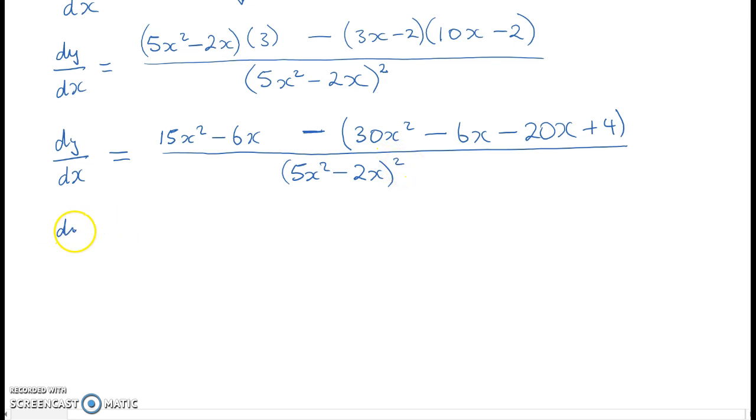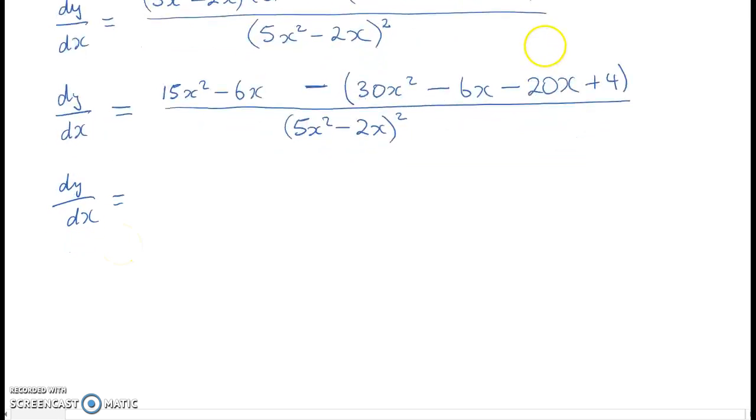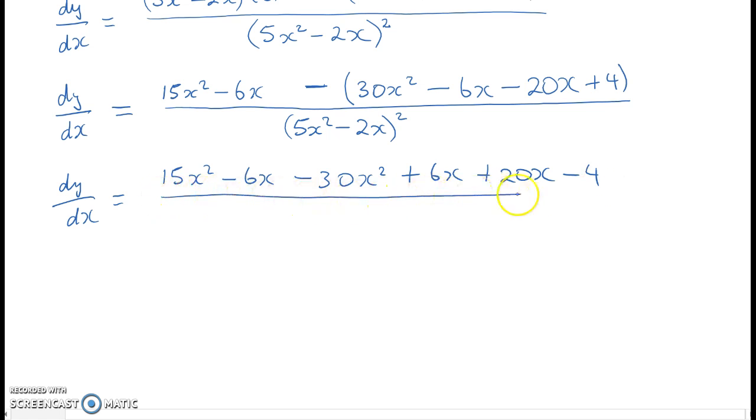So let's continue to simplify the top line, and this is just algebra now. The calculus we've long since finished with. We're going to have 15x squared minus 6x minus 30x squared. Now we're distributing this minus sign, so this becomes minus times minus is plus 6x plus 20x minus 4 all over 5x squared minus 2x, sorry, the whole thing is squared.